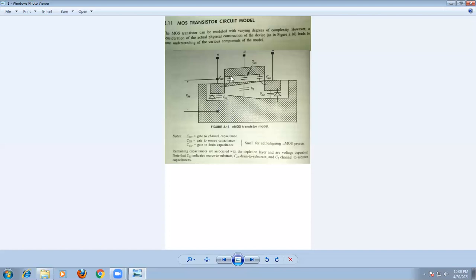Similarly, you have the capacitance here. This is the substrate material, and this is the channel, so you have a substrate and channel capacitance.